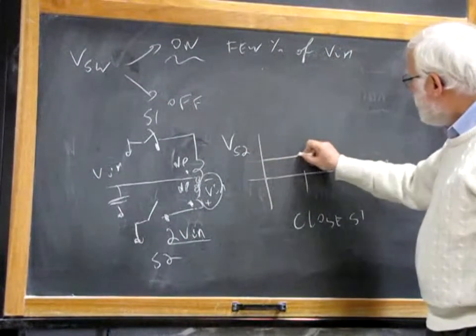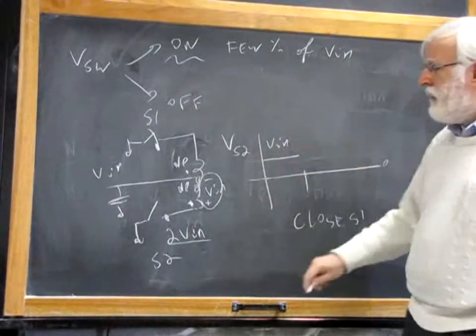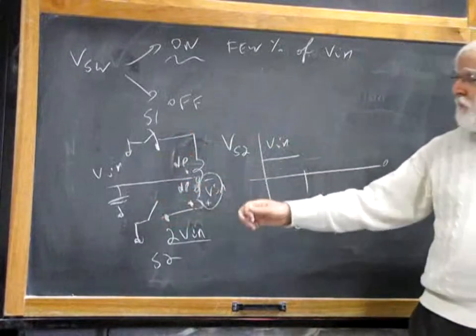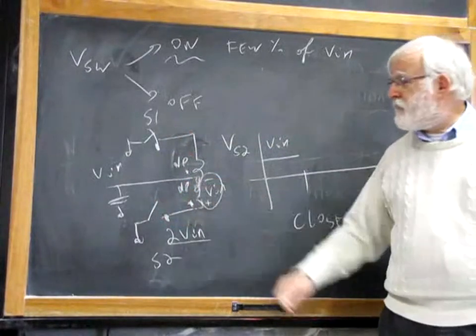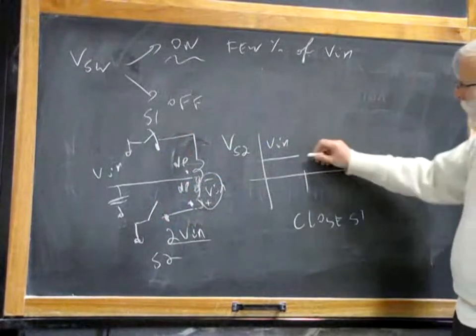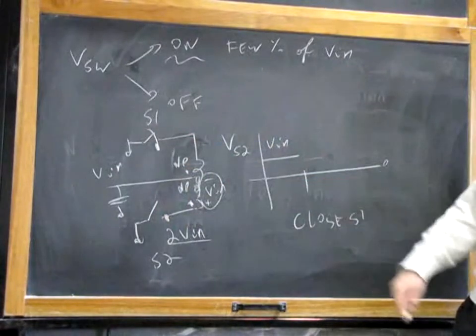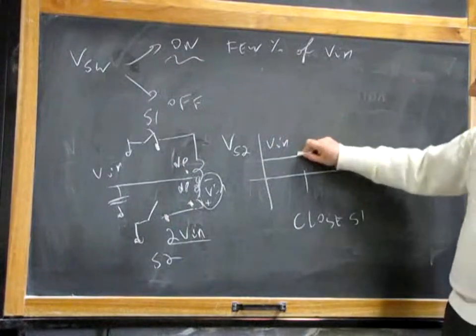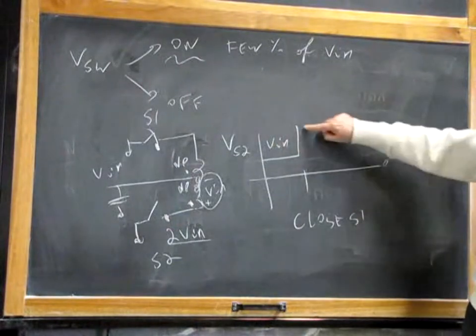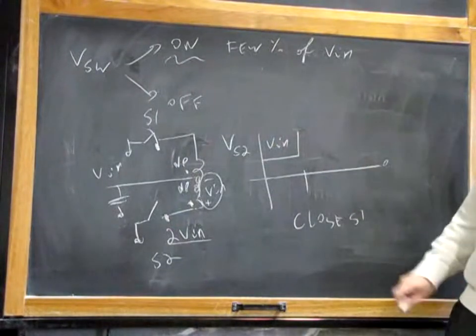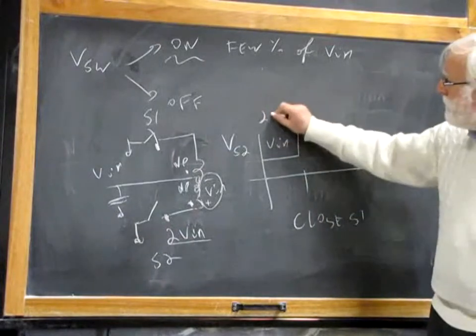Well, the voltage here was V in, because both the switches were open, and the center of the transformer was connected to V in. When I close S1, what do I get on S2? The voltage jumps up to V in.